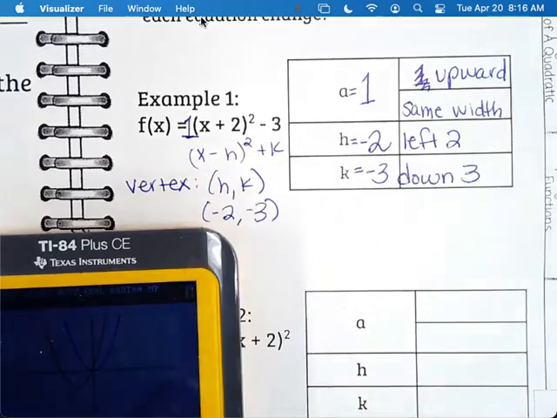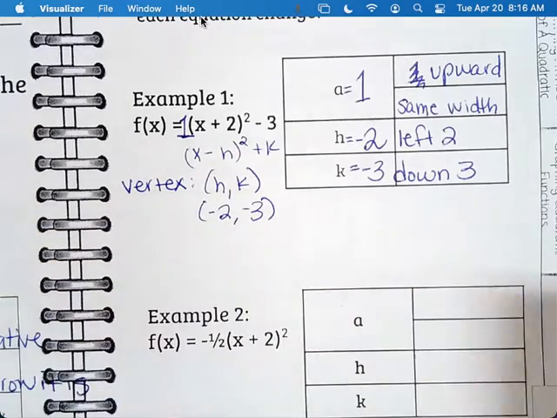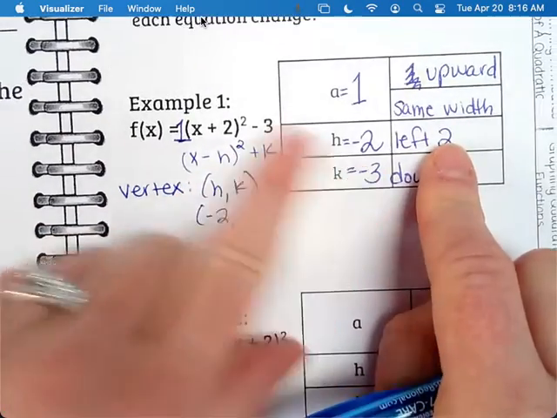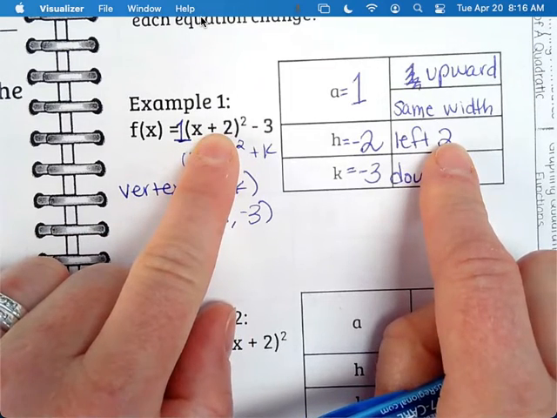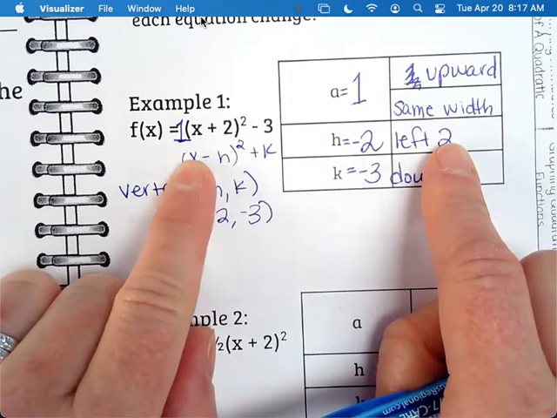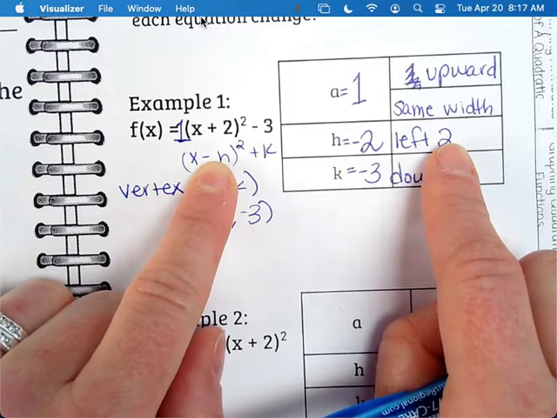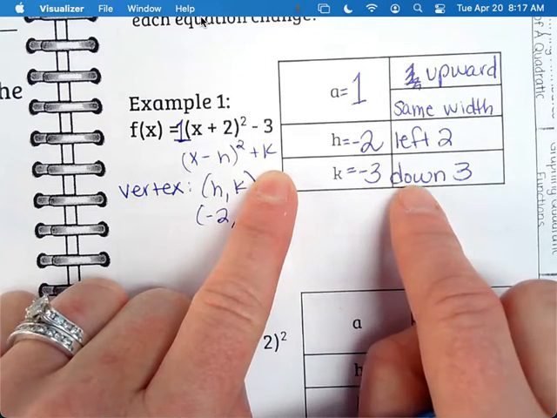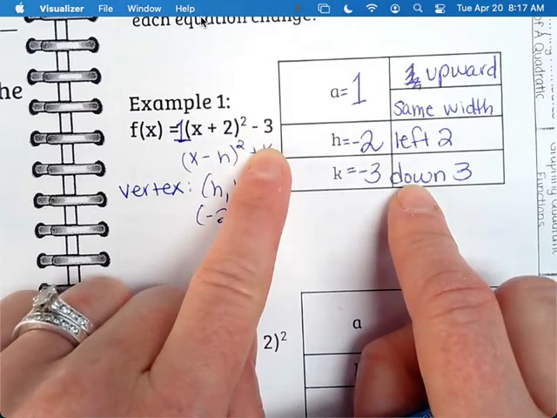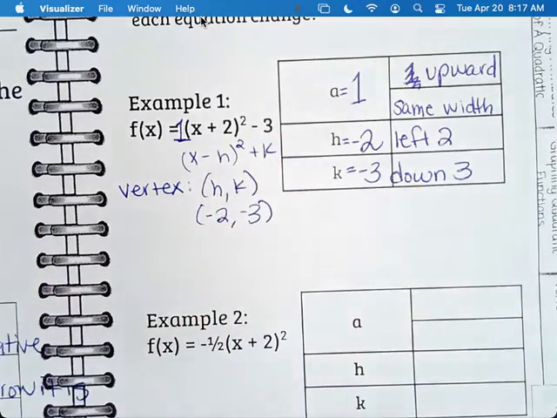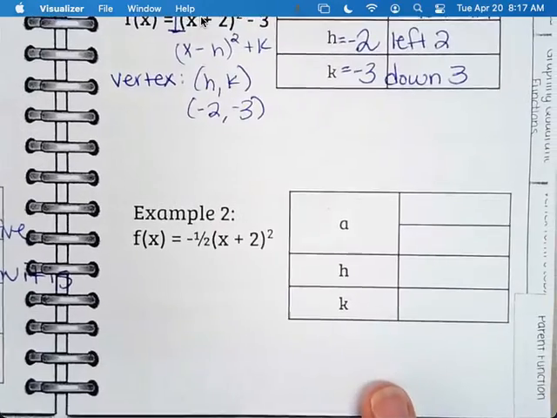So you have to be careful with that. It went left 2 even though this says x plus 2, because x minus h is our formula for vertex form. And the down 3 is from the -3, from the k. All right, let's go to the next one.